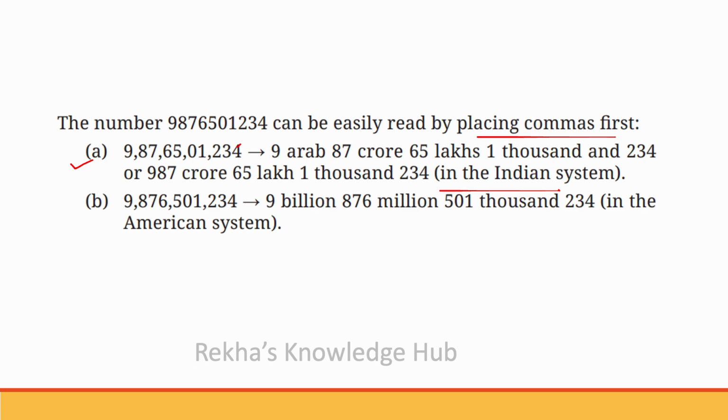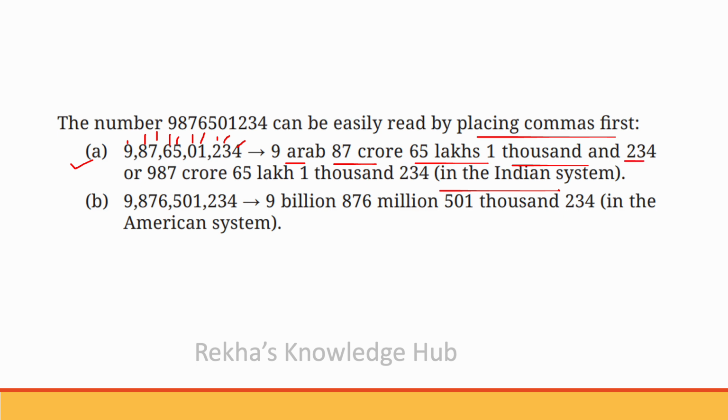See, how do you read this number? This is ones, tens, hundreds, thousand, 10,000, lakh, 10 lakh, crore, 10 crore, then Arab. So, 9 Arab, 87 crore, 65 lakhs, 1,000 and 234.